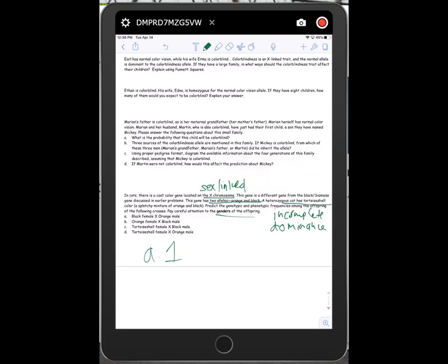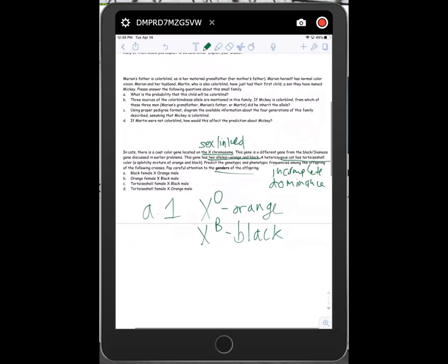So let's say, and remember for sex-linked, the alleles are only on the X chromosome. So we're going to use X to the capital O is going to be orange, X to the capital B, because it's dominant as well, going to be black, and then Y with no letter is going to be male.